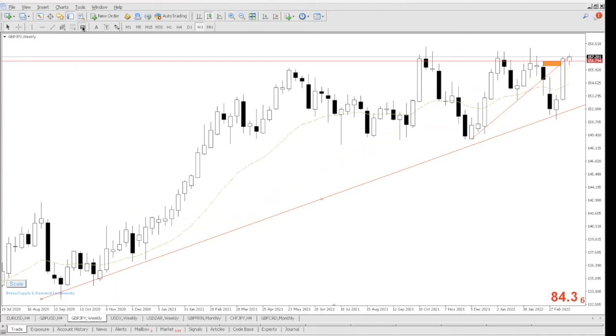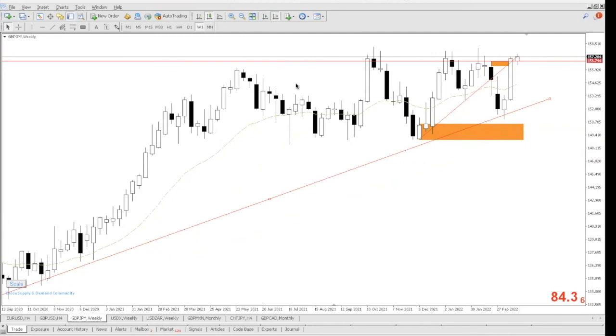When price dropped on the weekly, look where it went. It came to just a bit near this area, okay? And then after that, it went up again.